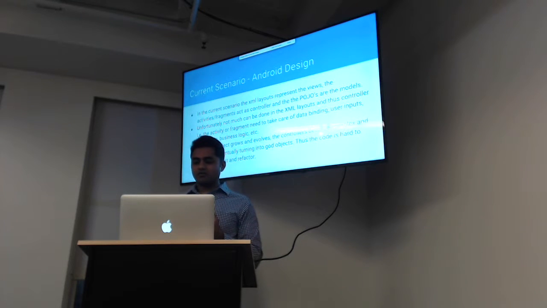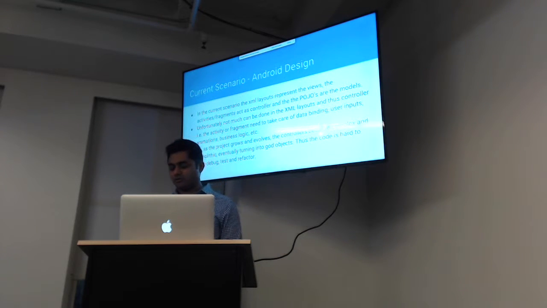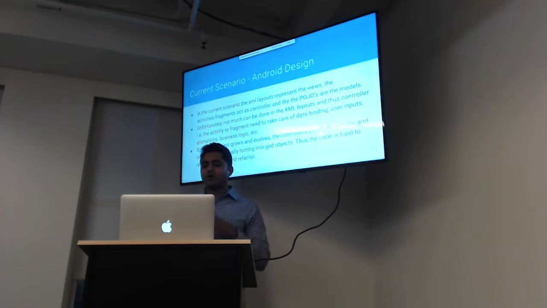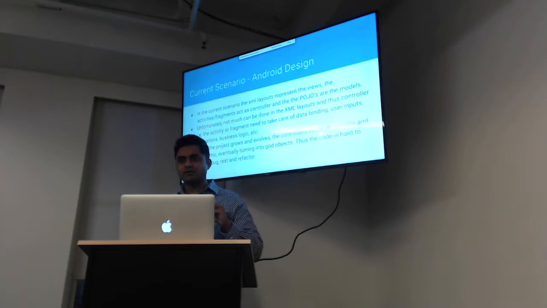They cannot handle user inputs. They cannot handle the animation and business logic. Though we can define few animations in XML, they should be shown through the activity. So with all this, activity acts as a controller, and all this data binding and user input needs to be done in the activity. And activity also contains the business logic.